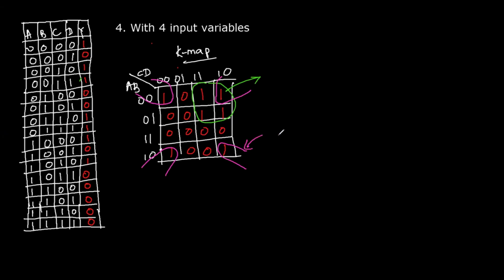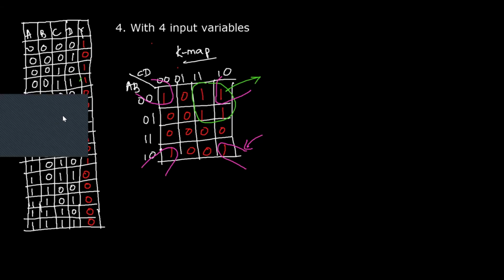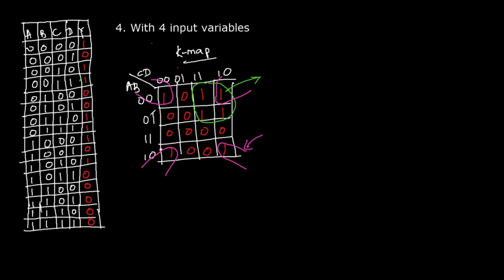So how do we come up with an expression for that? You have to be very careful now. Let's go ahead with our first group. You see that A, along the rows, B is not a constant, but A is a constant of 0. That is A prime, the complement of A. Along the columns, C is a constant, but D is not.